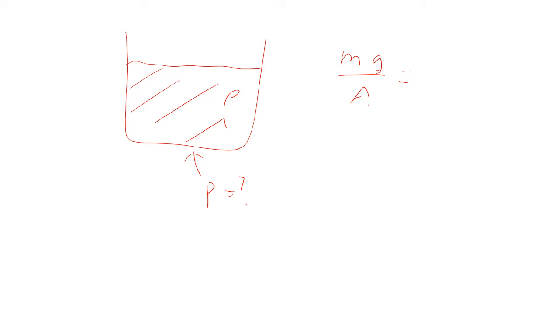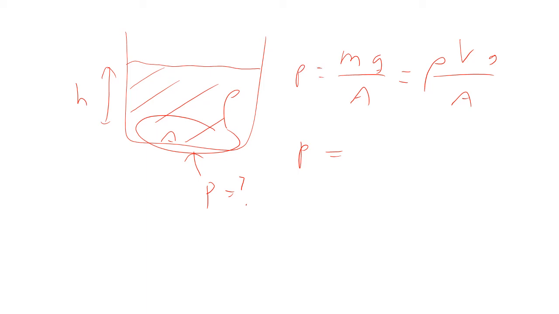Well, m is the mass of the fluid, so that's going to be rho times volume, g, over A. Well, if we imagine this is some height h and some area A across the bottom, then the pressure would be equal to rho times A h g over A. So the pressure is rho g h.